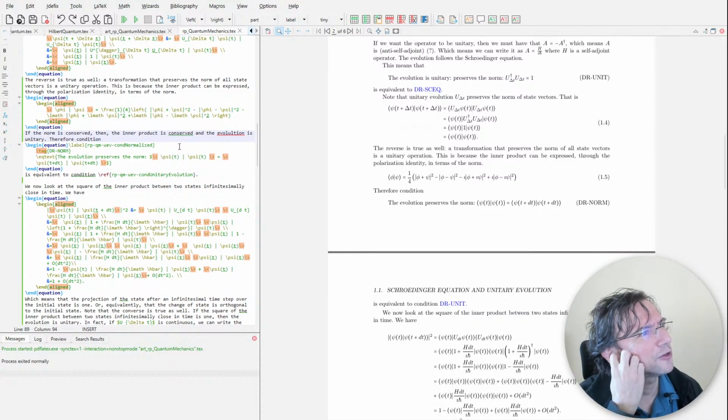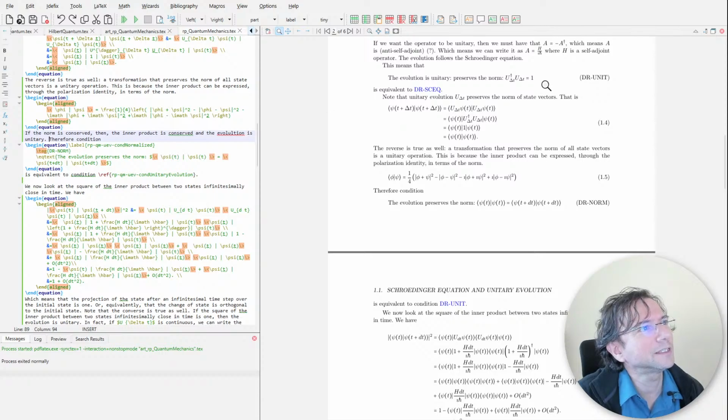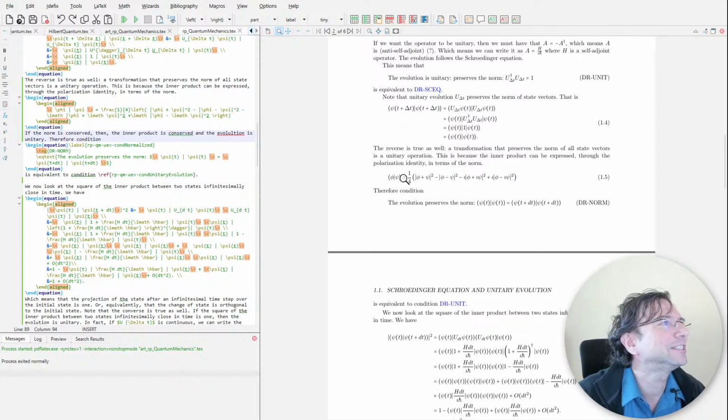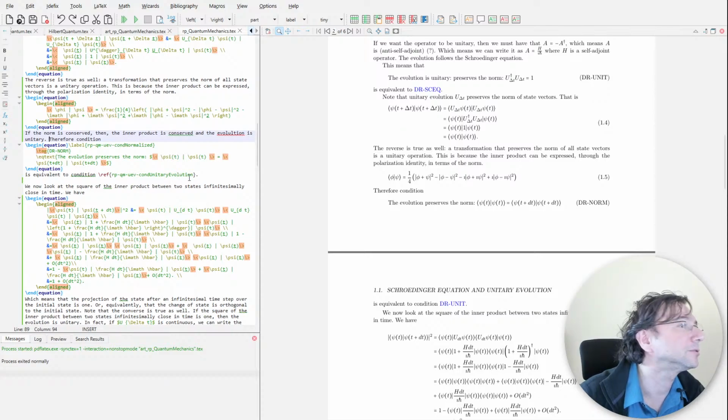That's kind of another condition. The fact that the evolution is unitary is just that this expression is right, but the fact that the inner product is conserved is a different condition. Okay, yes, that should also be there.